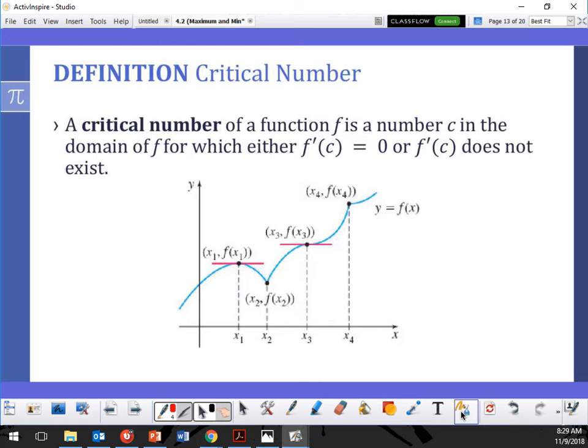A critical number of a function f is a number c in the domain of f where either f prime of c is equal to 0 or f prime of c does not exist. So where does it not exist? At x to the 4th, it doesn't exist there, right? That's referred to as a pointy point or a kink.